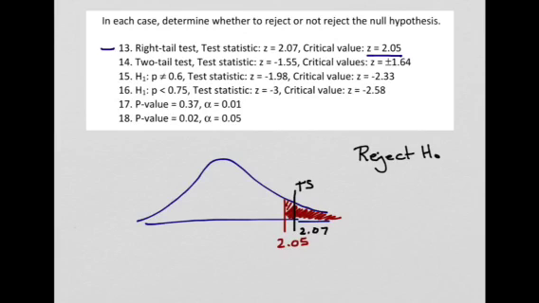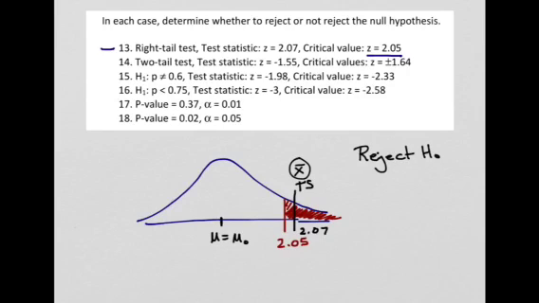So the reasoning here is that whatever your null hypothesis is, it's that mu is equal to some value, mu 0. Our test statistic comes from the value of x bar, and it's also affected by the sample size and the standard deviation. But basically it's coming from x bar.